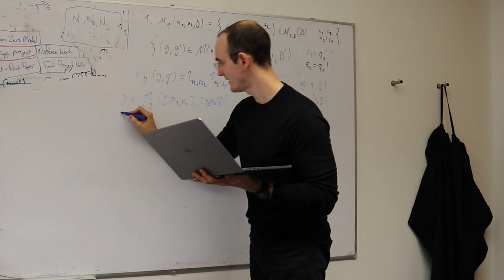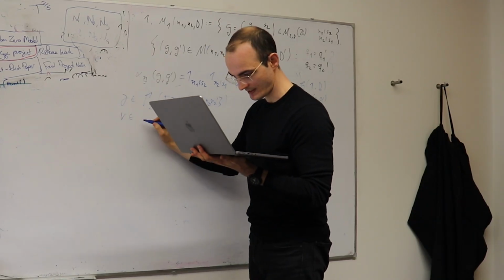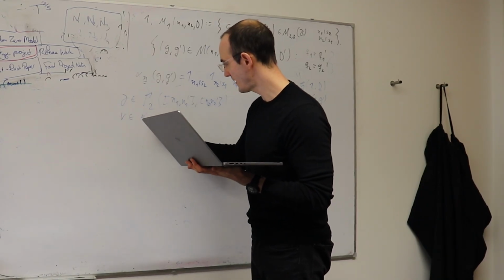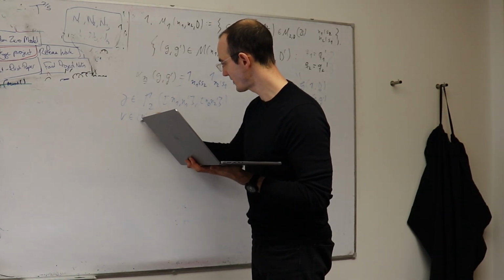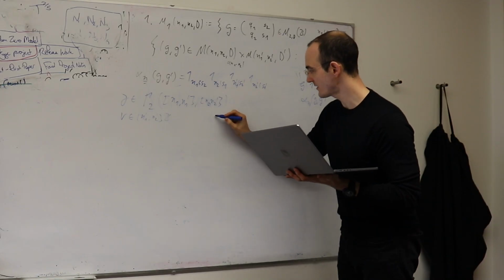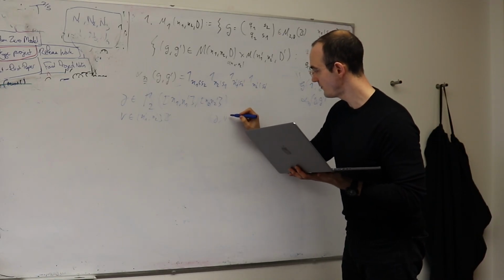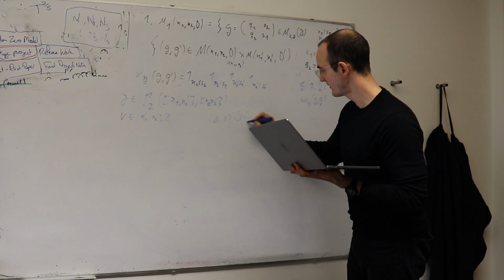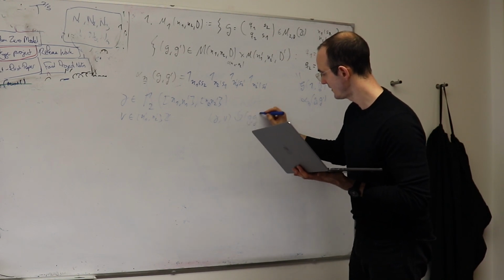And then we take integers nu, let's say, which are in n1 prime and 2 prime Z. And then we have a group action of pairs, let's say gamma nu acts on g prime.